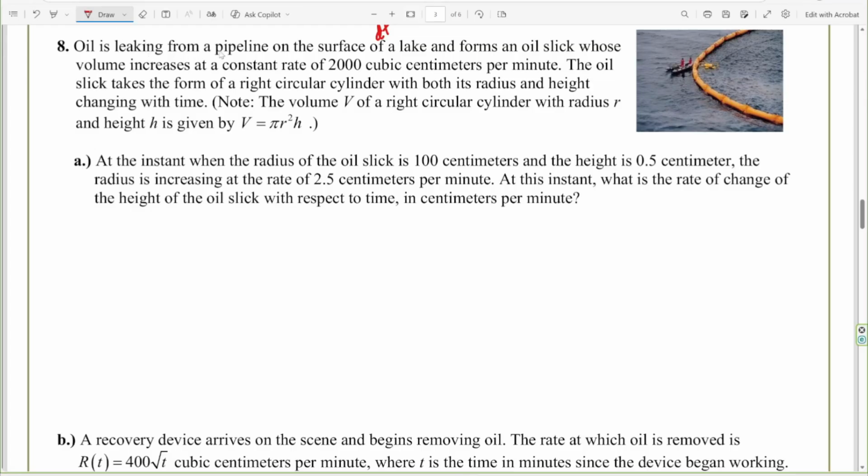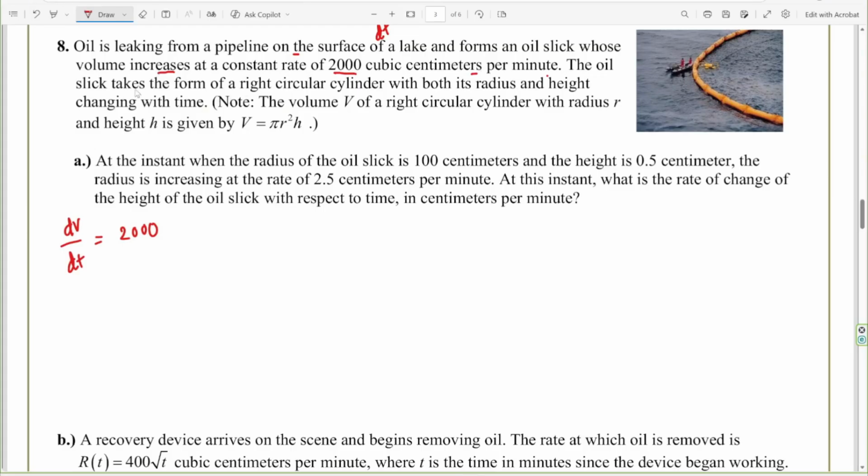Oil is leaking from a pipeline on the surface of a lake and forms an oil slick whose volume increases at a constant rate of 2000 cubic centimeters per minute. So we have dV over dt equals 2000.